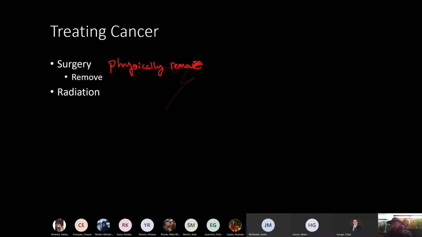Radiation is another early treatment of cancer because a concentrated dose will kill cells. So if you have cancer in a certain part of your body, whatever, here's a lymph node in your armpit, and it's producing a cancerous tumor.